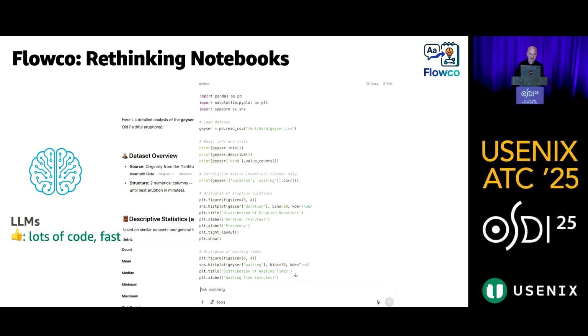So on the plus side, LLMs can generate lots of code fast. On the downside, they can generate lots of code fast, right? Like, too overwhelming. They give you very little control over how the program is going to be formed. And it can be really difficult to verify that what actually got generated is correct in any way.